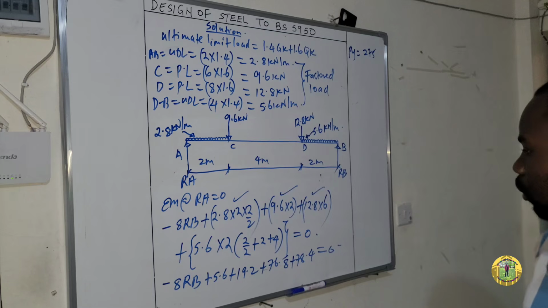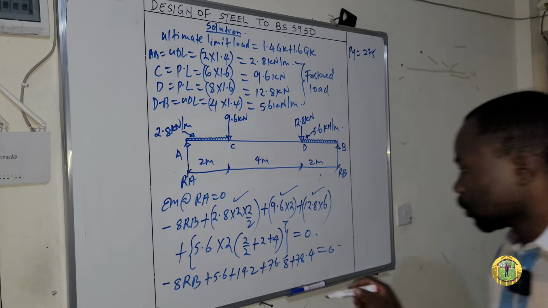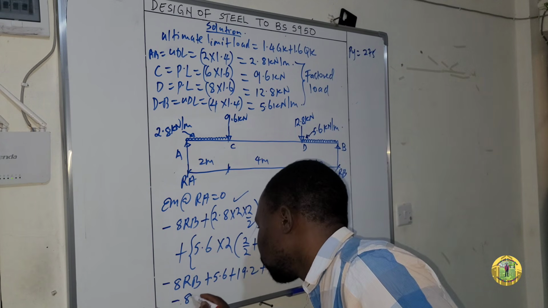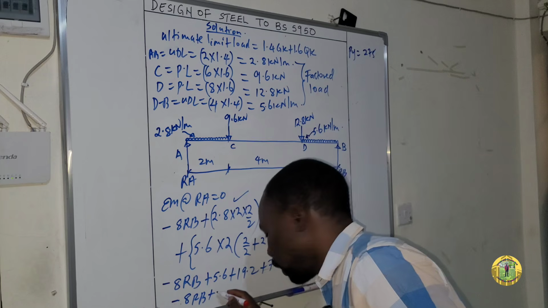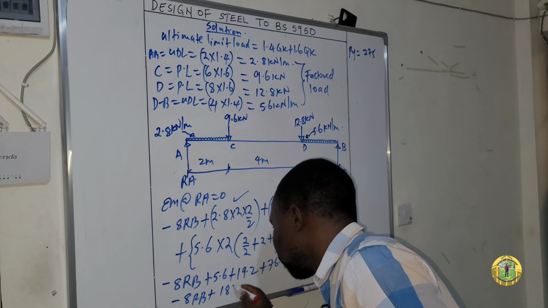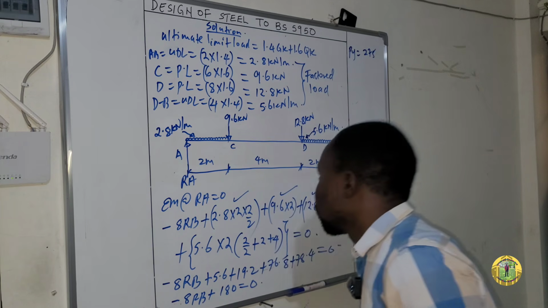After this, you put them together. So you have 5.6 plus 19.2 plus 76.8 plus 78.4, which is 180. So minus 8 RB plus 180 is equal to 0.